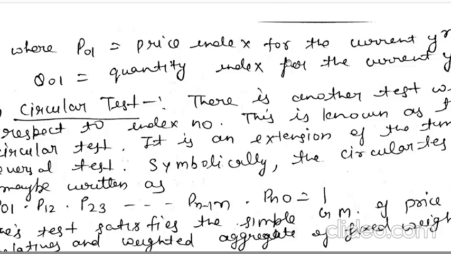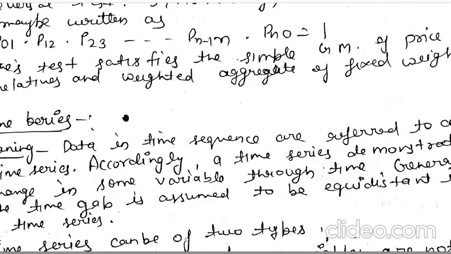So this is known as circular test. It is an extension of the time reversal test. Means if you are applying your time reversal test, so extension of the time reversal test is your circular test, right? Now, this test is satisfied by the simple geometric mean of price relatives and weighted aggregates of fixed weights, right?